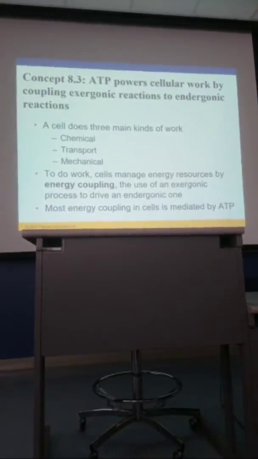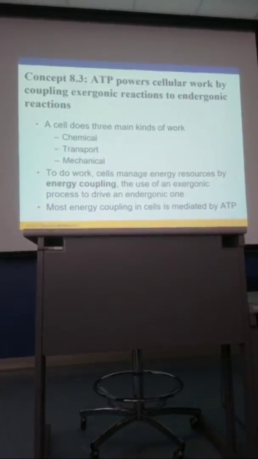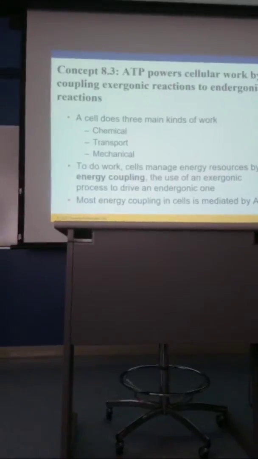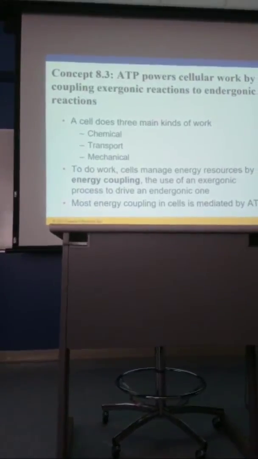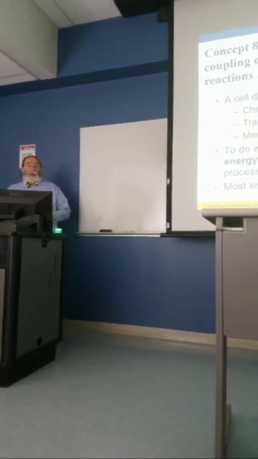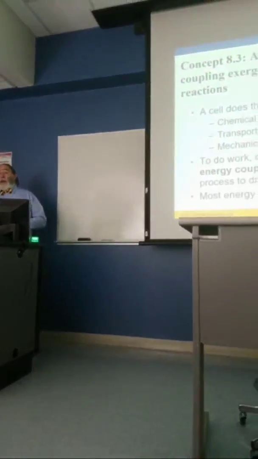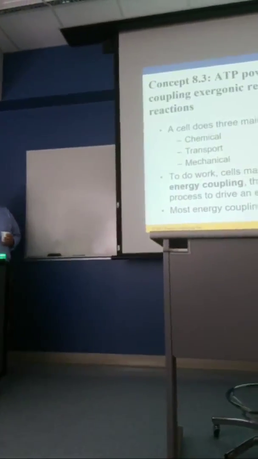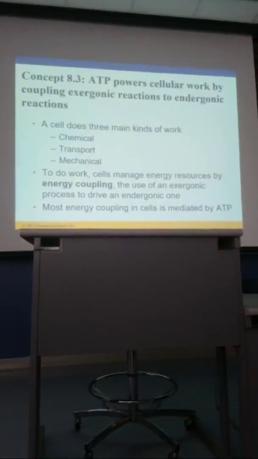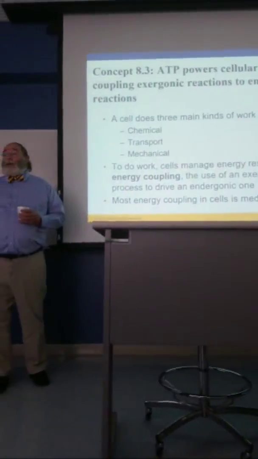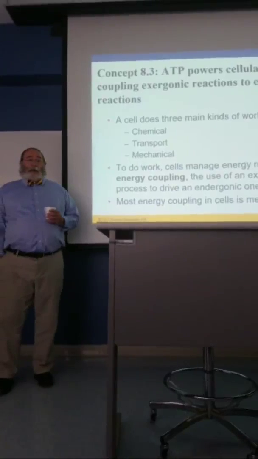ATP. Hopefully everybody has heard of ATP, adenosine triphosphate. It is called adenosine. It's a base, a nitrogen base, and it has 3 phosphates attached to it. It's adenosine triphosphate. If it has 2 phosphates, it's called adenosine diphosphate.